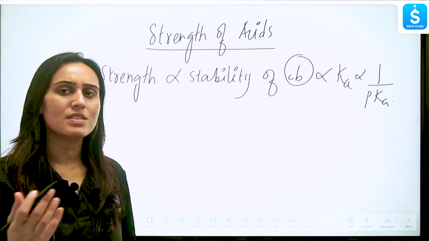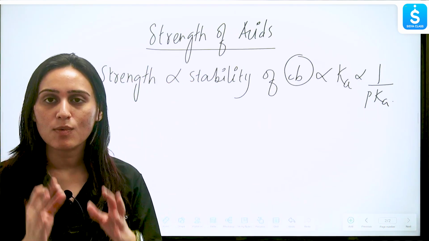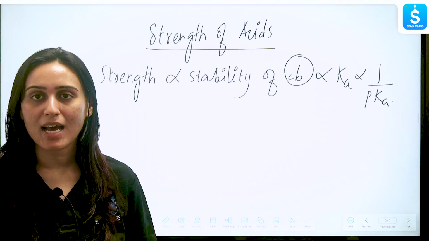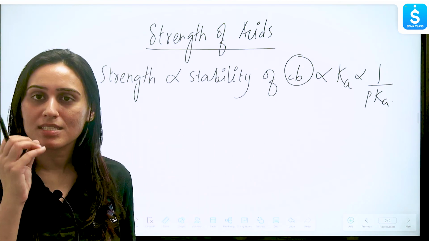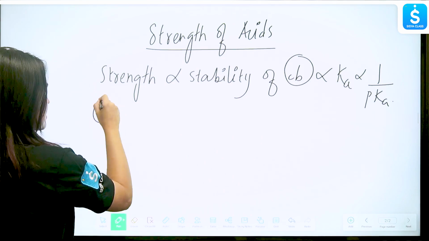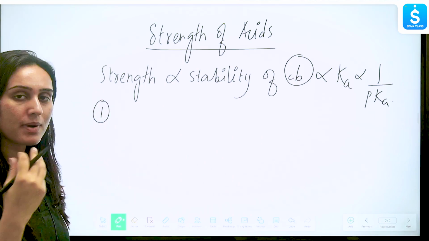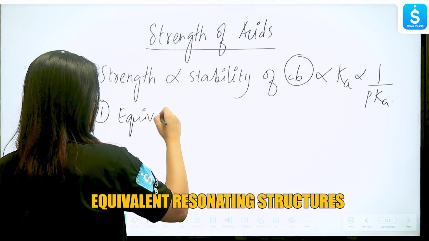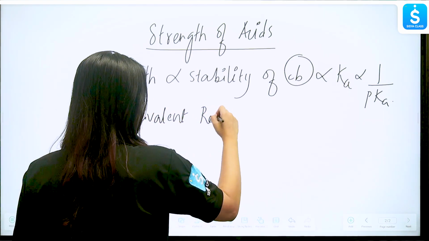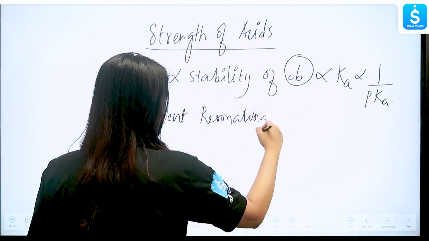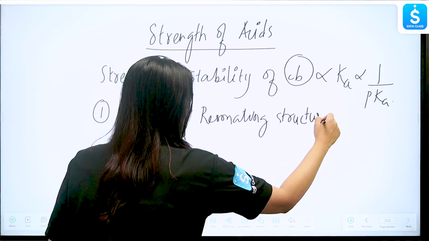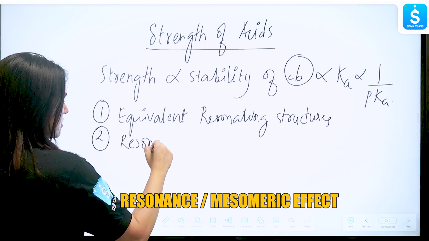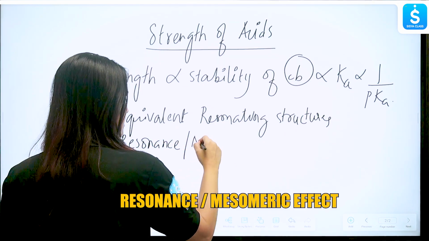If you want to see the order in which you have to decide the strength of your acid, the stability of your conjugate base, please see this order. First, on the very first priority, you will have equivalent resonating structures. Then you have normal resonance or mesomeric effect.